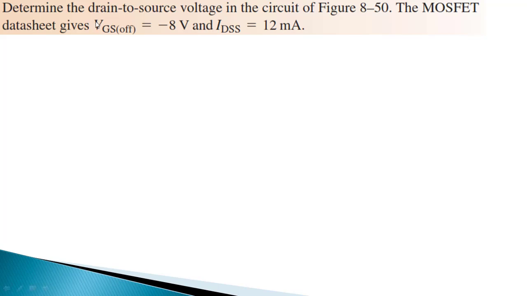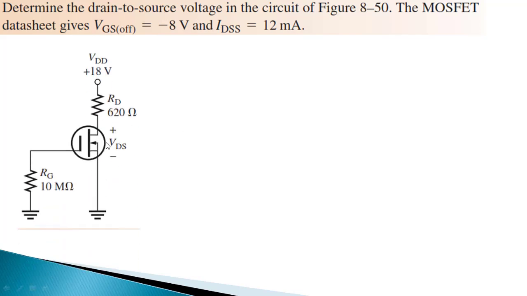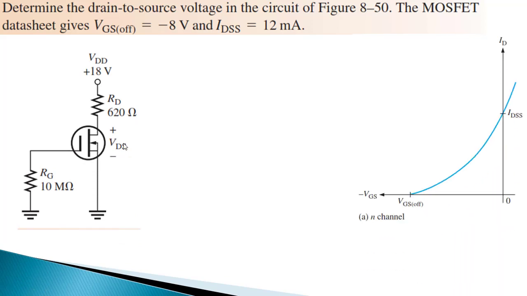What is asked is to determine the drain source voltage VDS. We have only one simple expression here. VDS is equal to VDD minus IDSS into RD. VDD is given as 18, IDSS is given as 12 milliamps, and RD is also given.